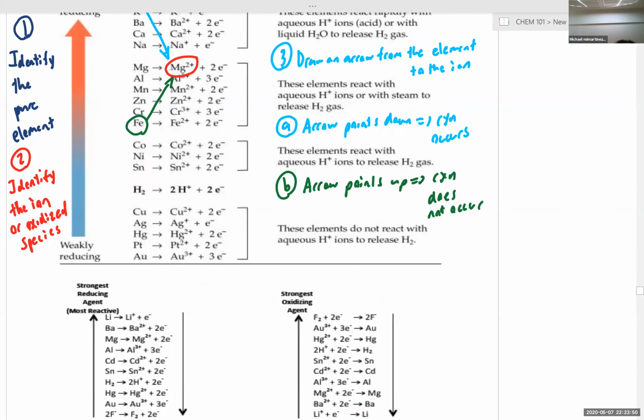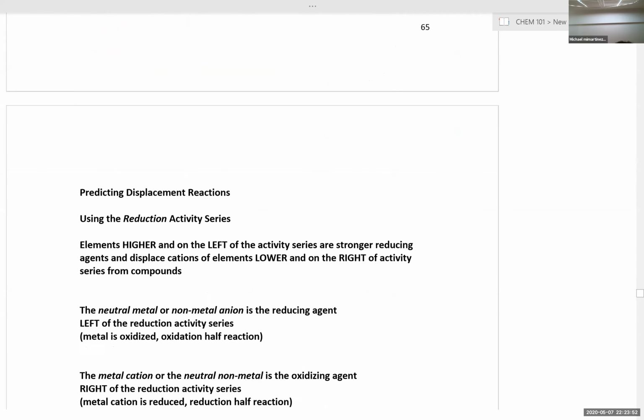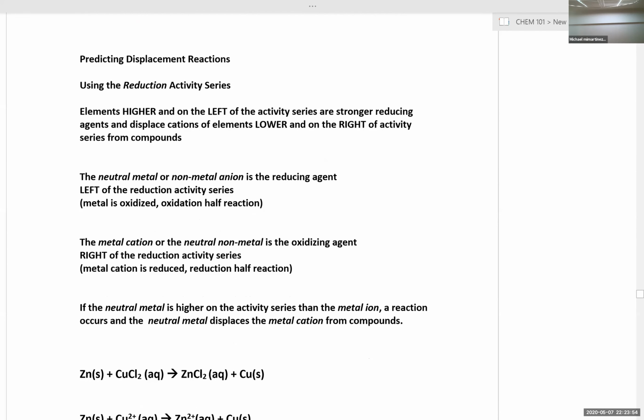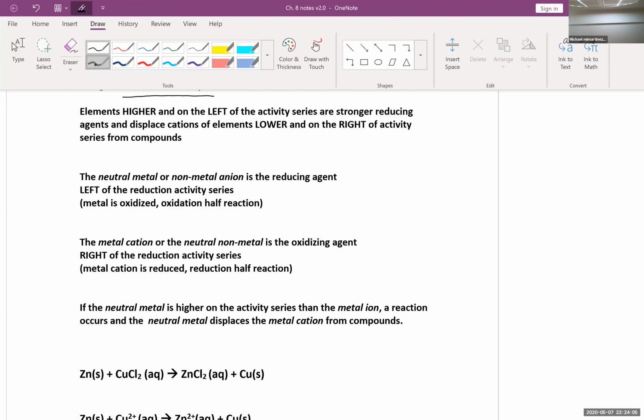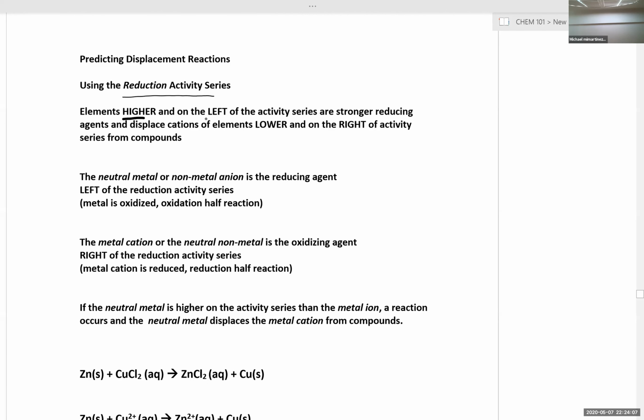So let's do some examples, and let's talk a little bit about the full formal guide for predicting displacement reactions. We're going to use the reduction activity series. Elements higher and on the left of the activity series will displace cations that are lower and on the right.